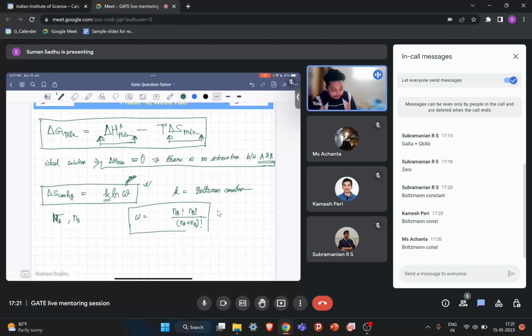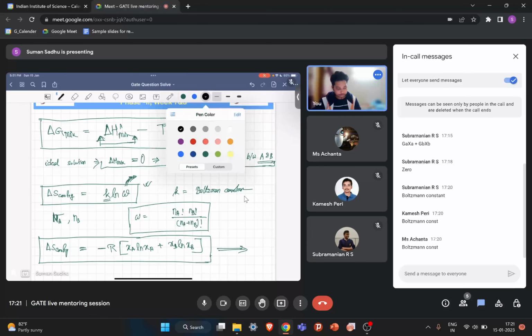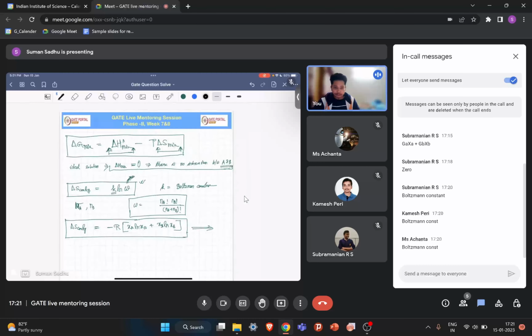Then if you derive it, you will get delta S config as minus R (x_A ln x_A plus x_B ln x_B). I think all of you know this equation, right? So this is the equation for delta S.